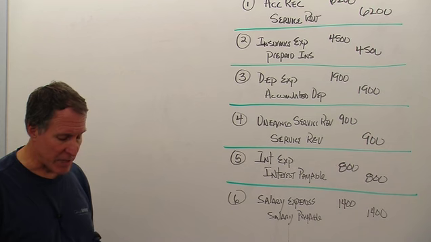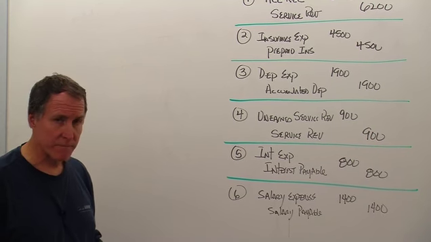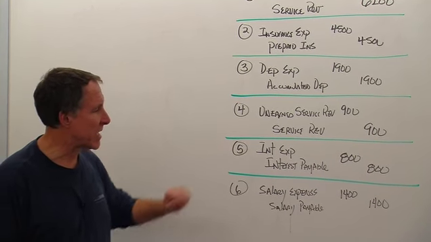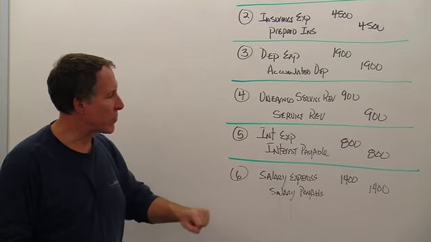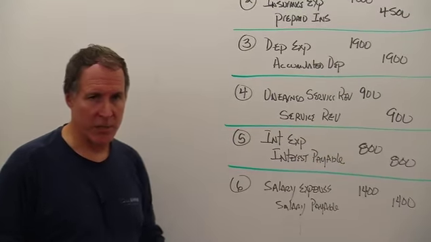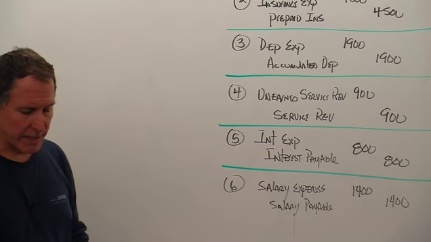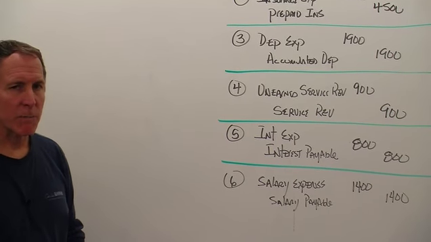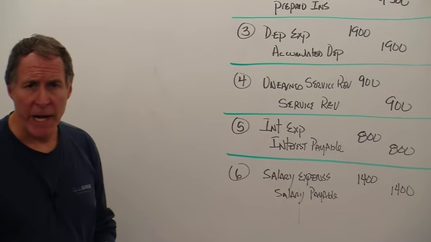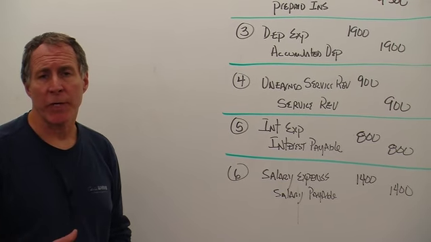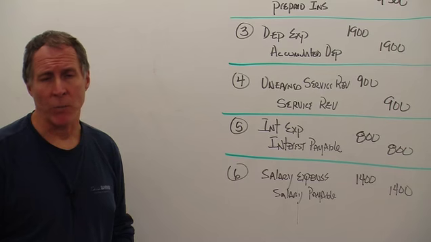The 5th item says that I have some accrued interest, $800. So I debit the expense, interest expense, and I abbreviated that. And interest payable, $800 is credited. And lastly, I have some salaries that I've incurred but not yet paid. Now, if you get paid on a Friday and your employer's year end is, let's say, on a Wednesday, they don't pay you on Wednesday.